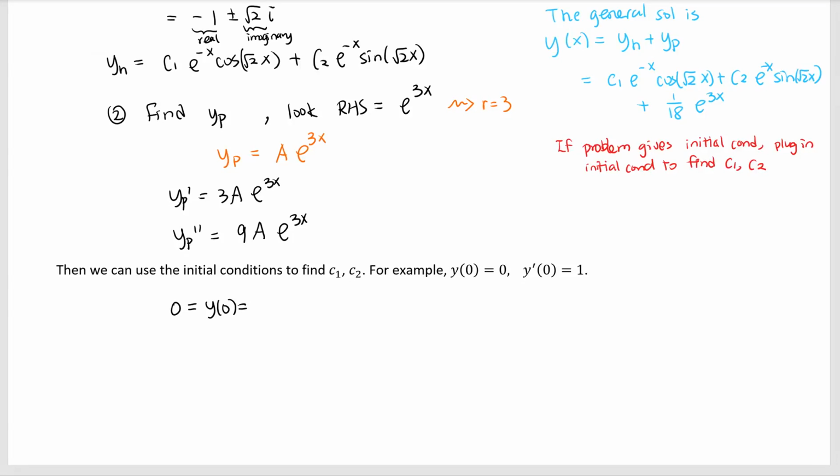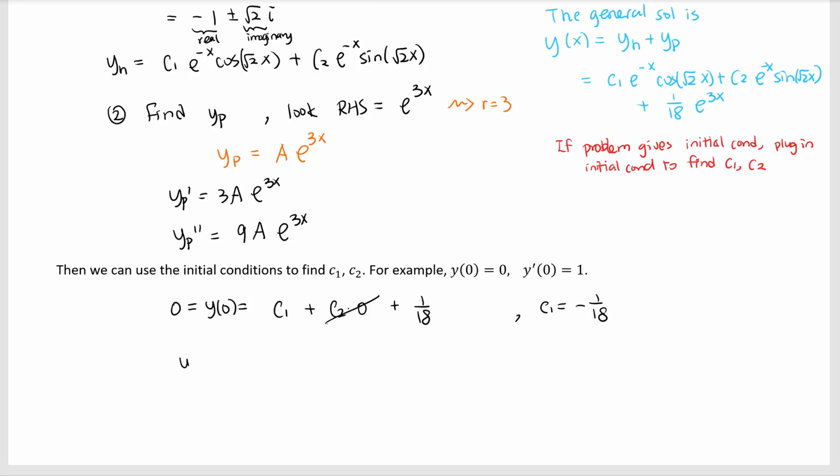We plug in x is 0, so c1 times e to the 0, which is 1, times cosine 0, which is 1, so we just have c1. Then c2 times e to the 0 is 1, sine 0 is 0, and then plus 1 over 18, since e to the 0 is 1. So this term is gone, and c1 is minus 1 over 18. Okay, everybody?